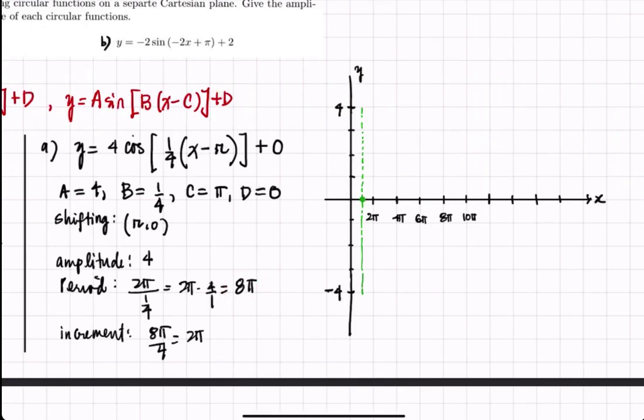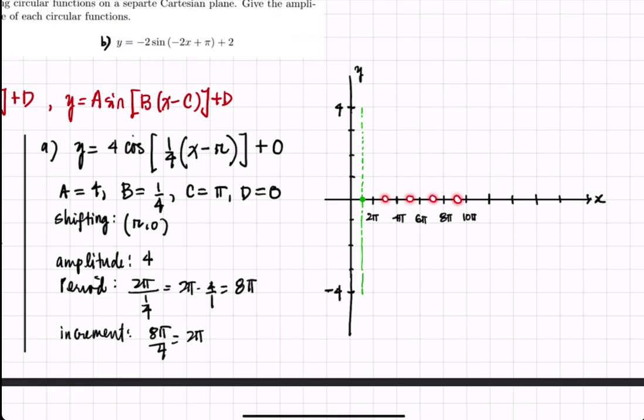But, yung isang ganito is 2 pi. So, this is 2 pi, 3 pi, 4 pi, 5 pi, 6 pi, 8 pi. Tama ba bilang ko? 2 pi, 4 pi, 6 pi, 8 pi.